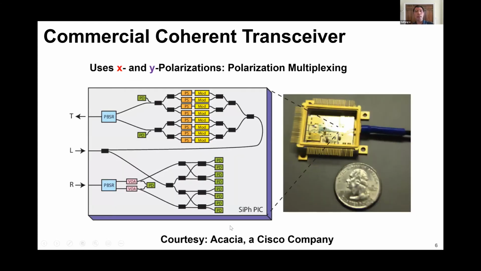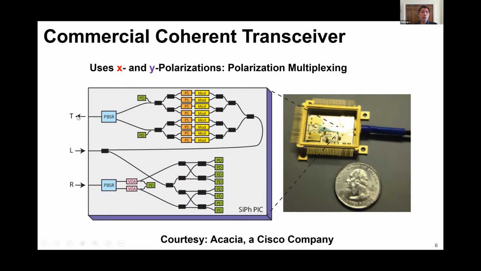So here is a picture of a commercial coherent transceiver. The pioneers of silicon photonics technology industry made themselves a lot of money. Acacia, this company here, was sold to Cisco last year for about $4 billion. And this is a coherent transceiver. It mirrors what I said in the previous two slides.